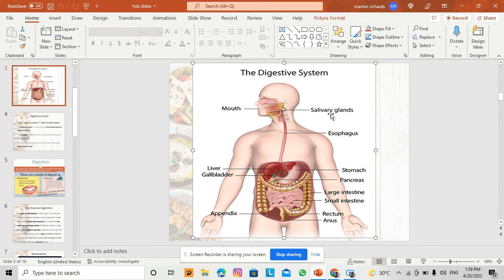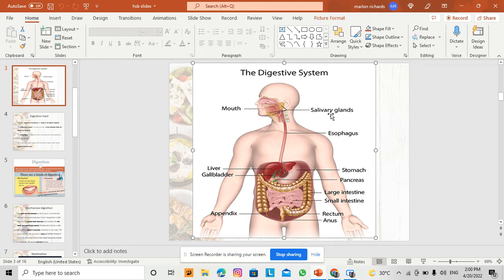This saliva contains amylase, which serves the purpose of breaking down starch, not only keeping our mouth moist. So you know that the saliva contains the enzyme amylase, which breaks down starch to maltose.